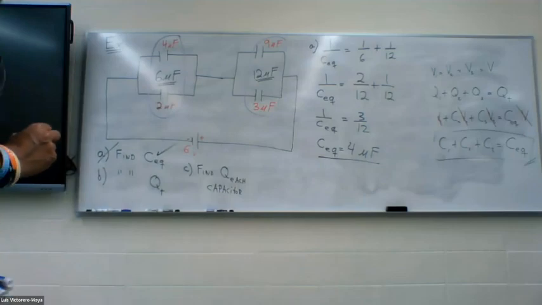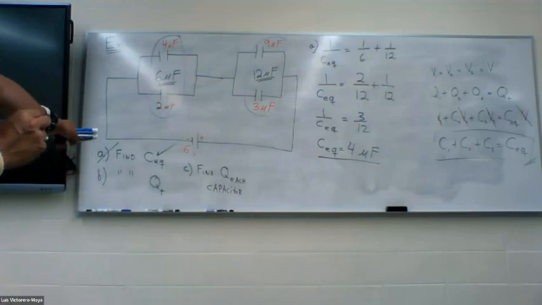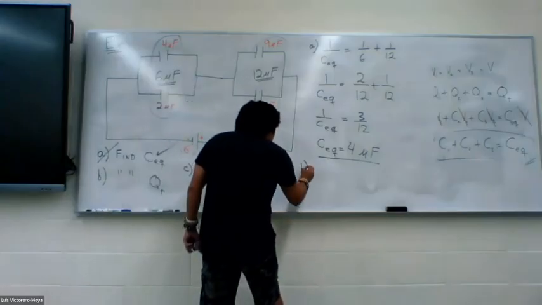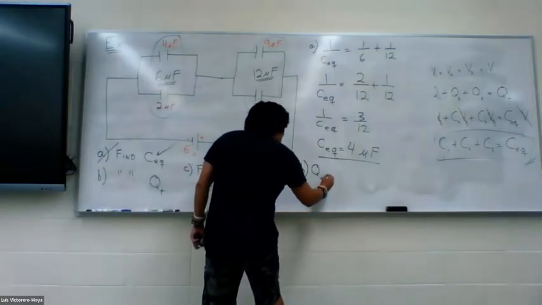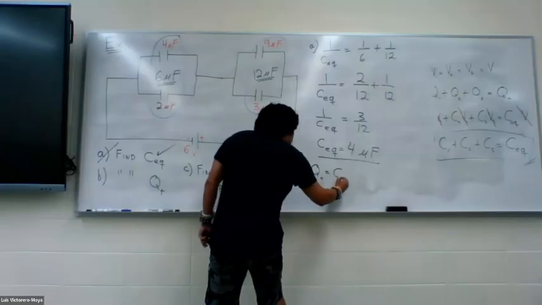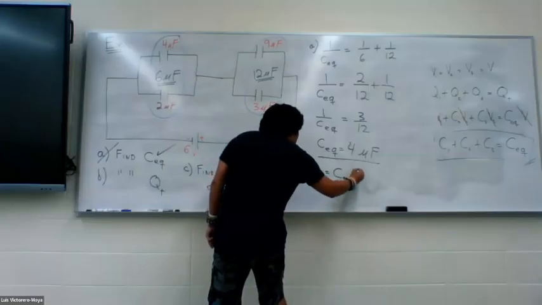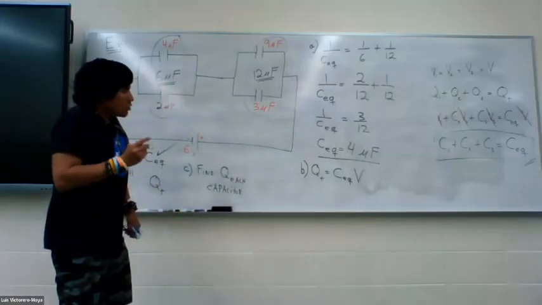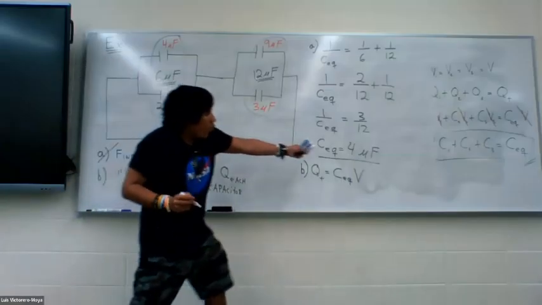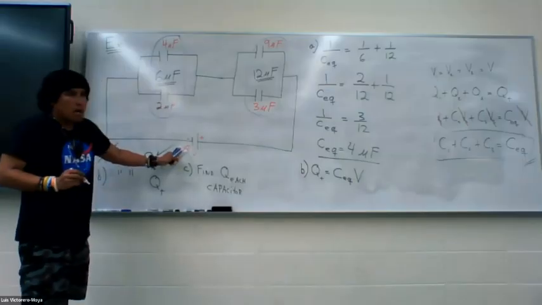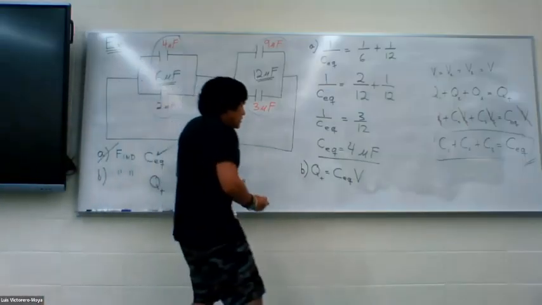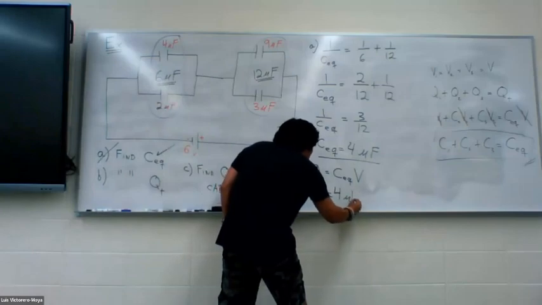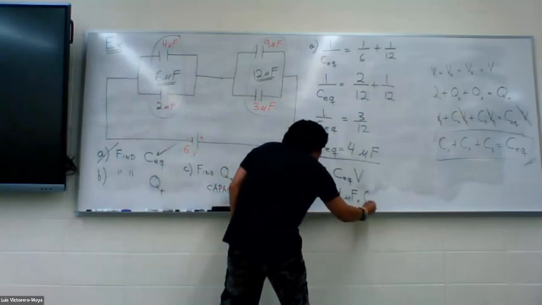Very easy. Now I can also find the charge. Here, the charge is the equivalent capacitance times the voltage supply. The total charge is the equivalent times the voltage supply, which is 6. So that will be 4 microfarads multiplied by 6 volts.